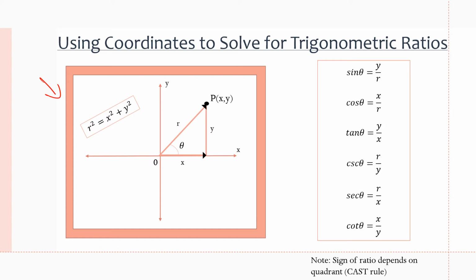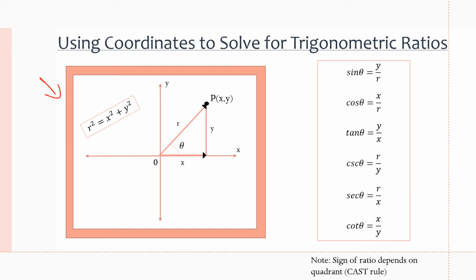And if our terminal arm is in another quadrant, unlike here, some of our ratios can change signs from positive to negative, because if we are in any of the other quadrants other than the first one, our x coordinate or y coordinate could be negative, which will result in some negative ratios.